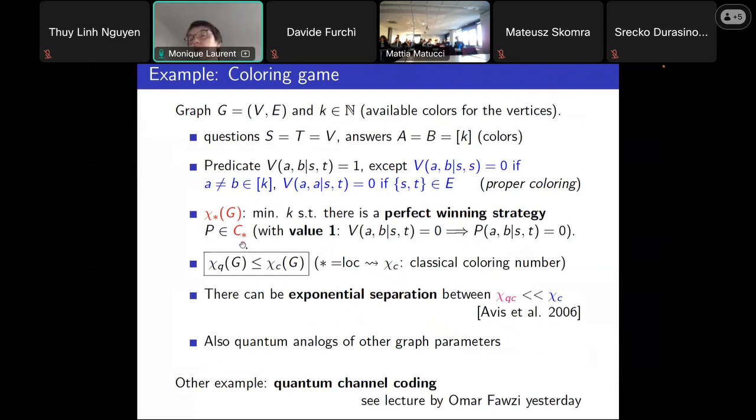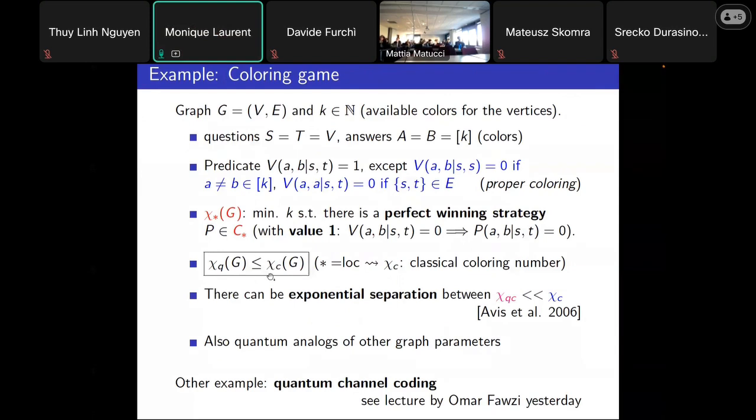Actually, there is an equivalent characterization of this quantum coloring number. Think about the coloring number: how could you view it? You set up an LP where you have variables indexed by the vertices and the colors, and you try to check whether this LP has a 0-1 solution.